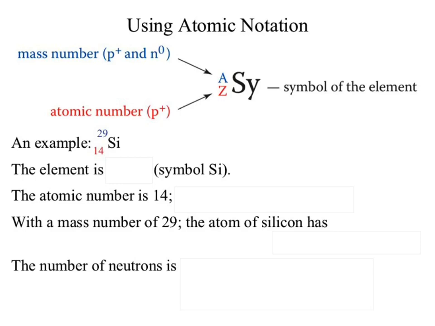Does that make sense? All right, so upper left-hand corner on our nuclear notation was the sum of our protons and neutrons, which would take us back to, well, let's find that on the periodic table. Do we have the mass number on the periodic table? It's like 28.09. So for silicon, if we look to where we would expect that mass number to be, you're saying 28.09.